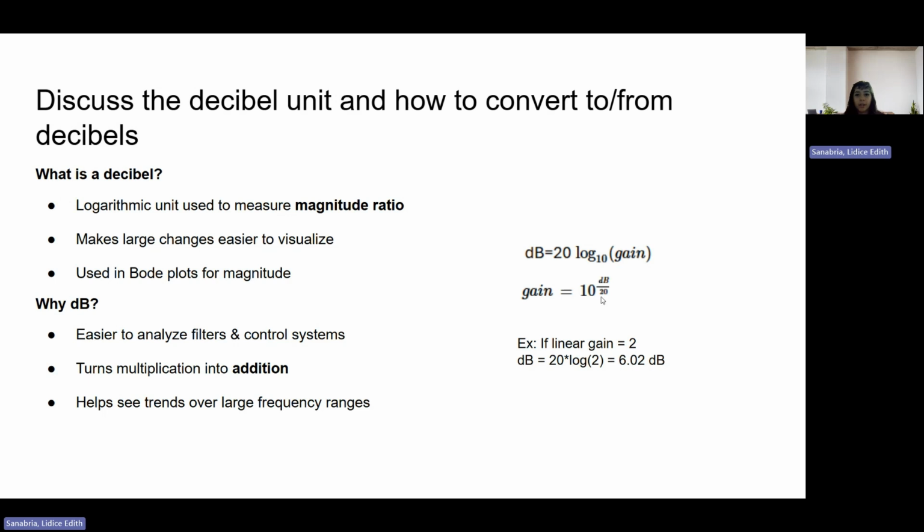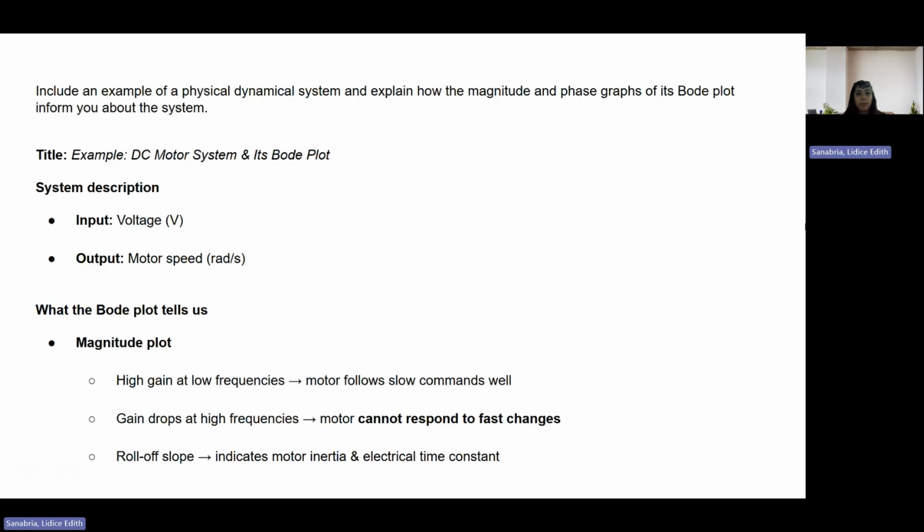So for example, if the gain is 2, then the magnitude is going to be about 6.02 decibels. And then, although not shown, if we had a gain of 0.5, you would have a magnitude of approximately -6 decibels. So using decibels makes it easier to analyze systems and design controllers.